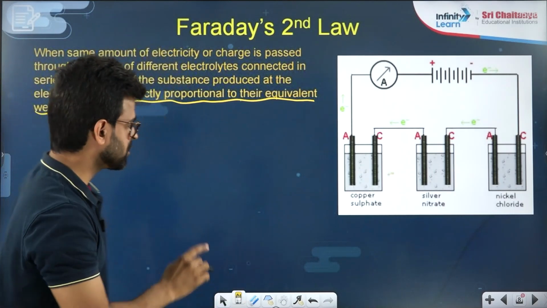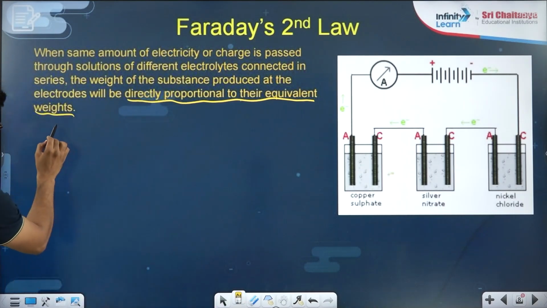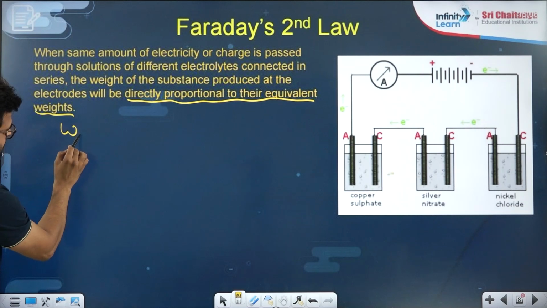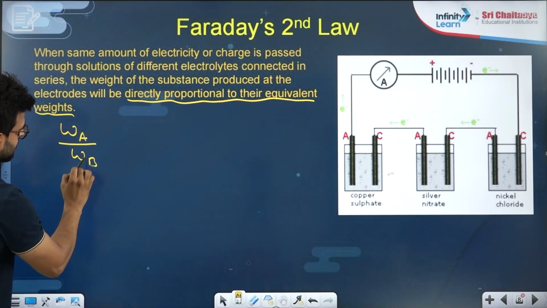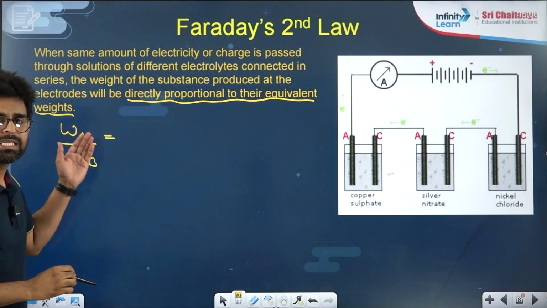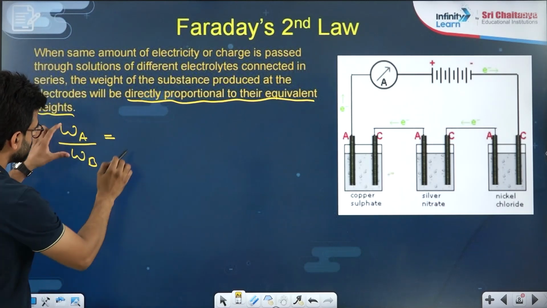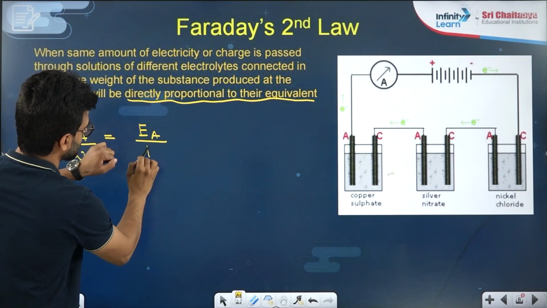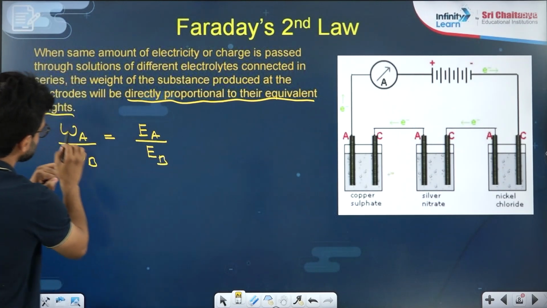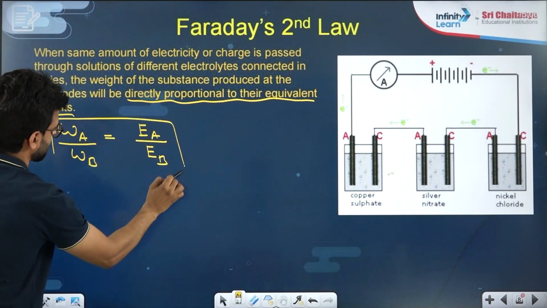right? Clear? So what is the main thing we have to understand here? If I am depositing A in one cell and I am depositing B in another cell, or maybe on two different electrodes, the ratio of their weights will be the same as the ratio of the equivalent weights of A and B. This is the second law.